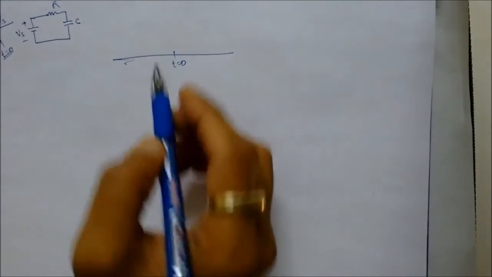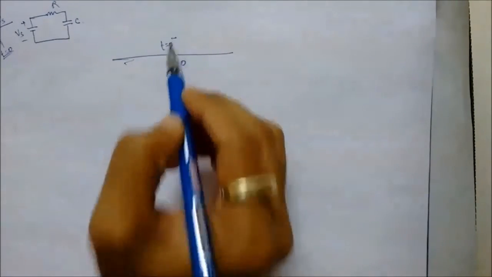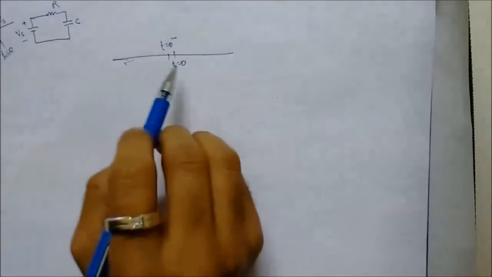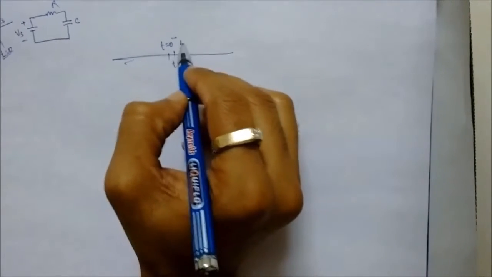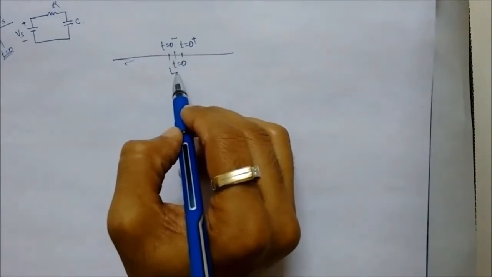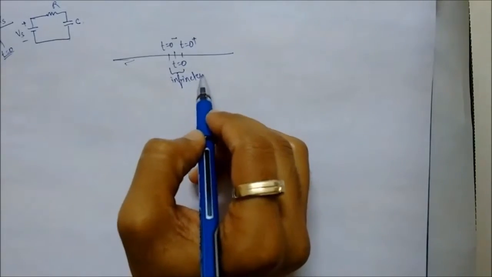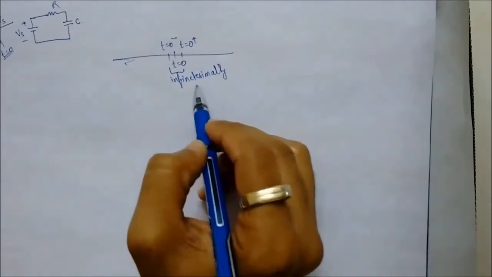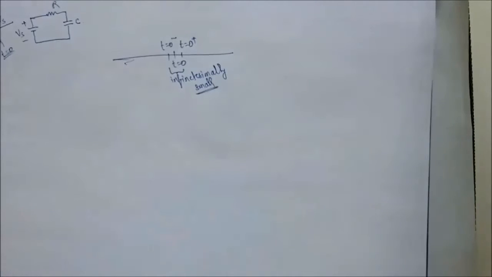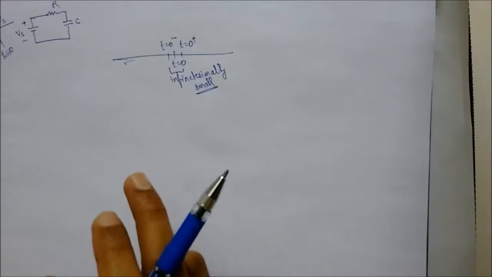Also consider one case on the time scale at t equal to 0. We are going to consider two instances: t equal to 0 minus, just before t equal to 0, and t equal to 0 plus, just after t equal to 0. This time duration is infinitesimally small. We have already seen that a capacitor opposes sudden changes in the voltage across it and an inductor opposes sudden changes in the current through it.